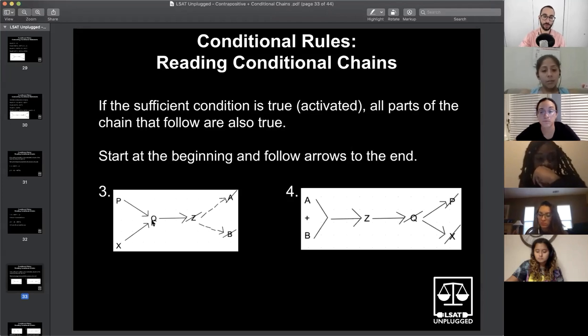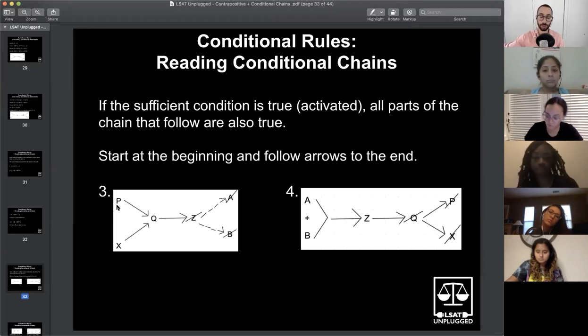So the thing is that if you're starting at the beginning, you know a lot more than if you're starting at the middle. And if you're starting at the end, well, you can't really infer anything. But a lot of games will ask you about the middle specifically.